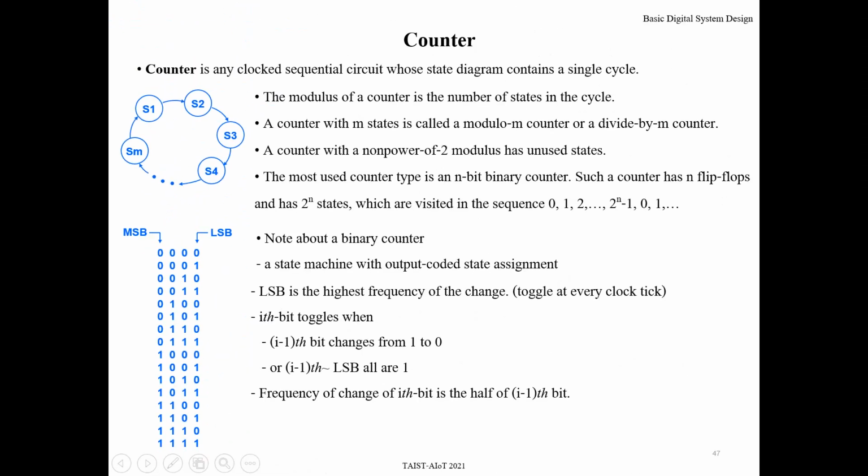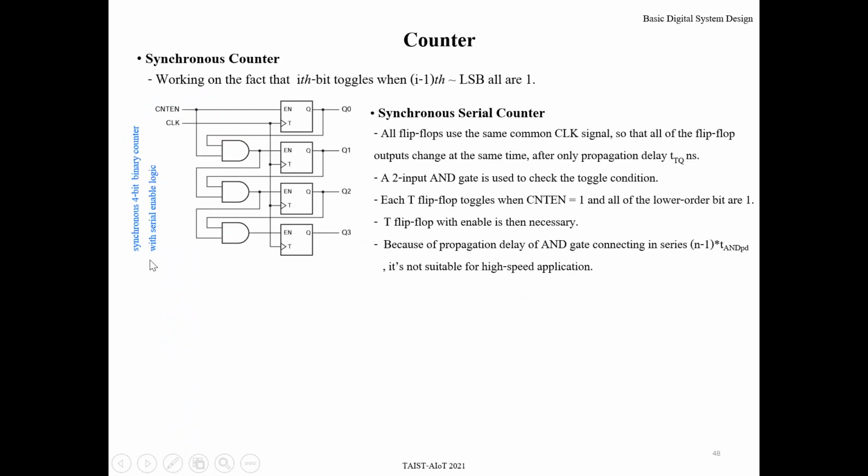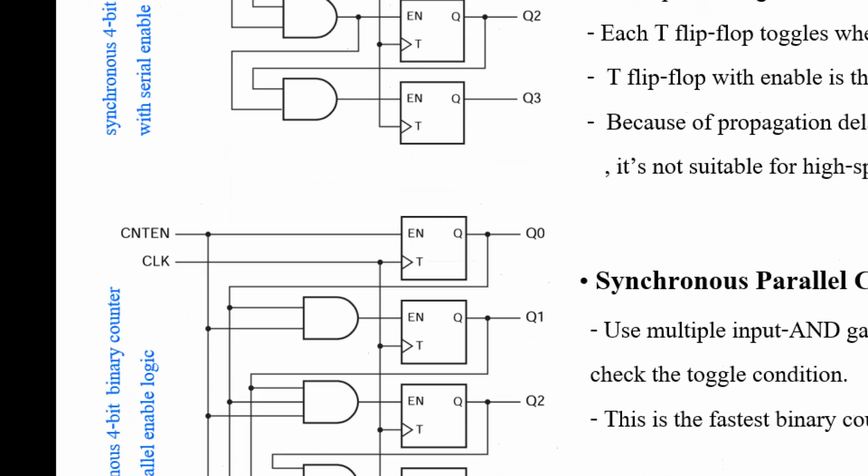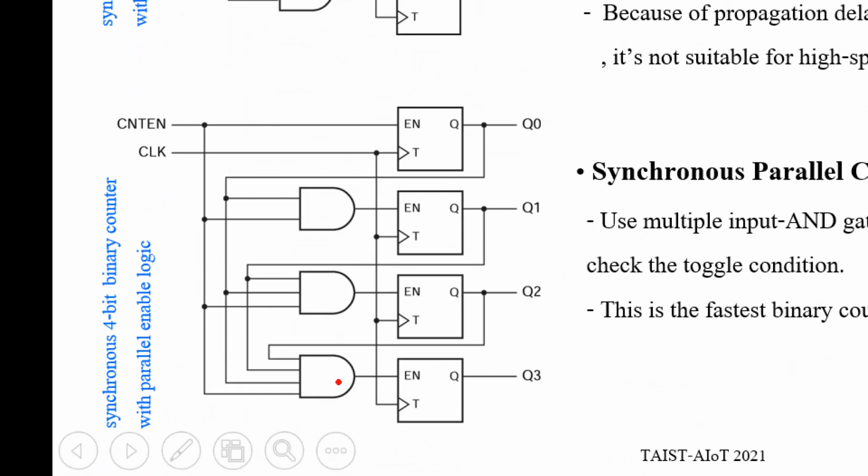So by using this observation, you can design something like this. For example, this one. Now I use a T flip-flop with enable. Because the behavior of the counter is toggling for each digit, you just need to know the condition when that digit toggles.